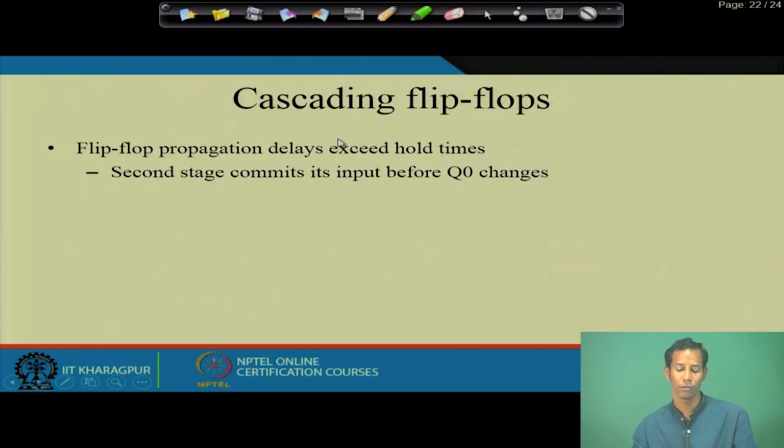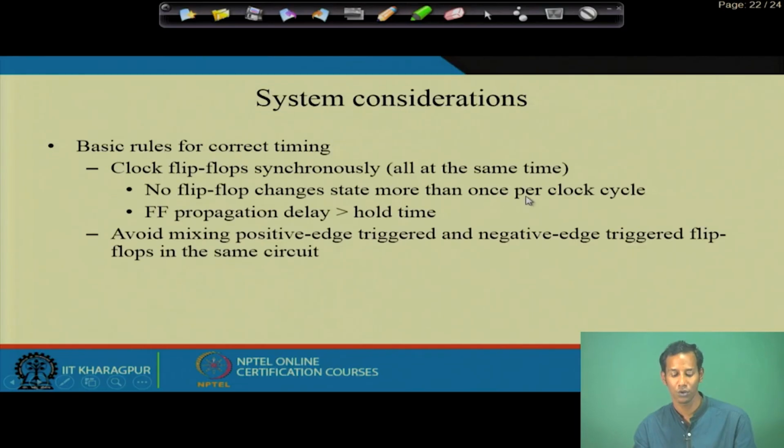Okay. So, whenever we are cascading two flip flops, if the propagation delay exceeds the hold time, the second stage commits its input before Q0 changes. Okay.